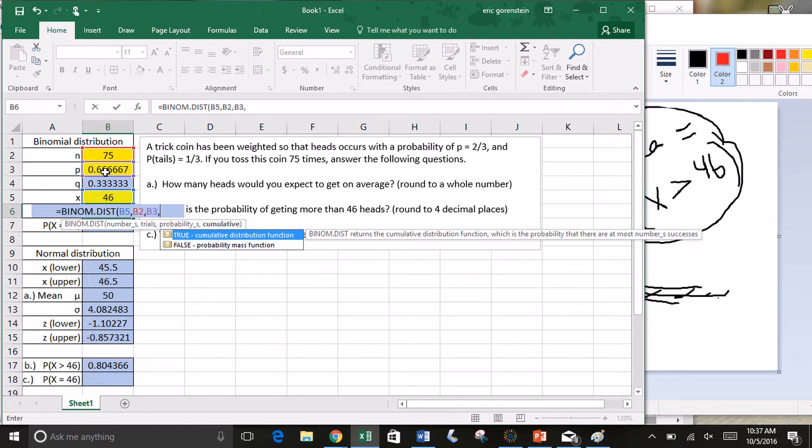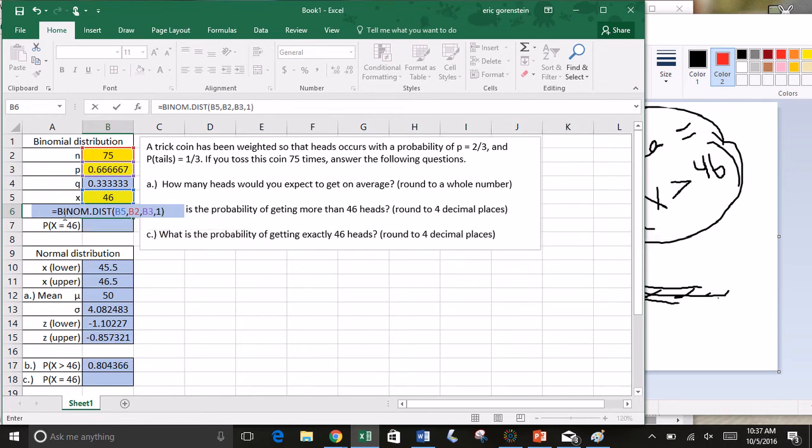So if I say 0, it's going to give me the probability that x exactly equals 46. If I say cumulative, this is going to give me the sum of all the probabilities for x equals 0, x equals 1, x equals 2, dot, dot, dot, all the way up until x equals 46. Now I want the probability x is greater than 46. So I'm going to actually subtract this from 1.